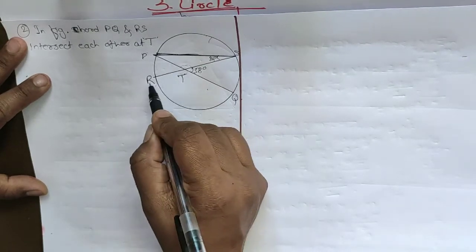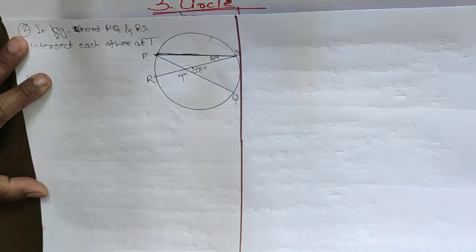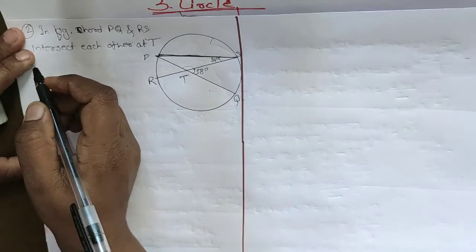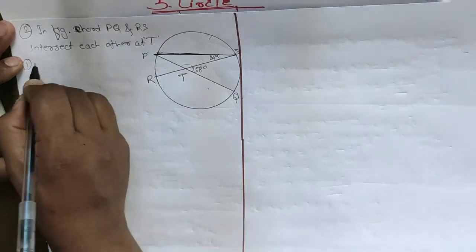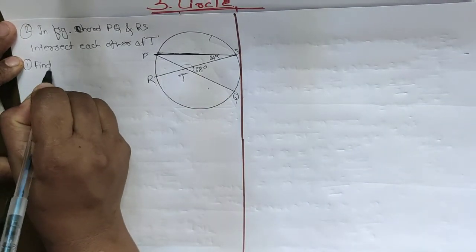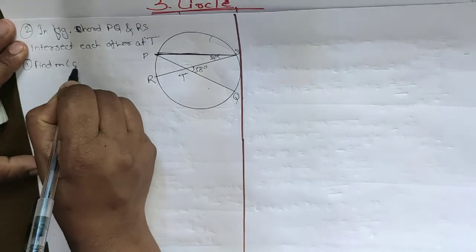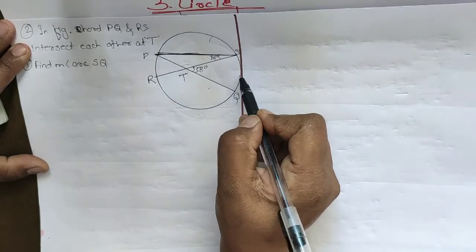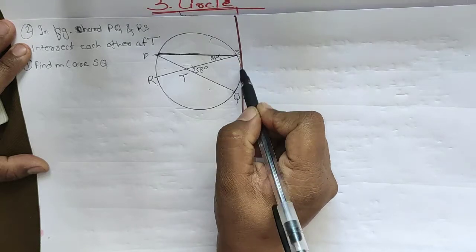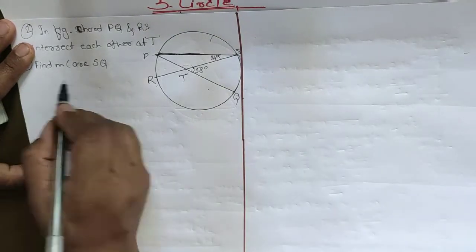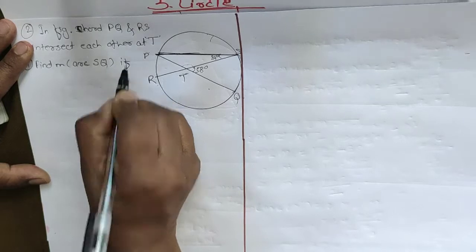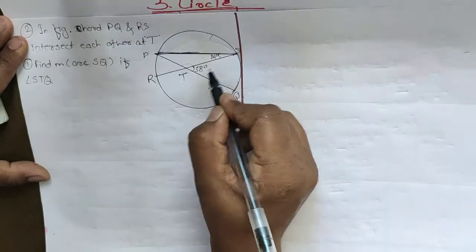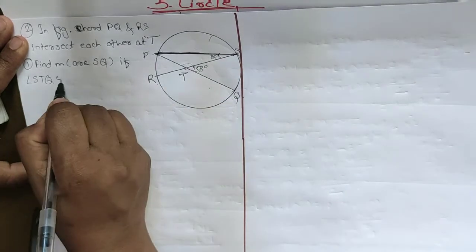So first what we have to find out is the measure of arc SQ. We have to find out the measure of arc SQ. This arc we have to find out. When we have to find out, angle STQ, this angle STQ is equal to how much?